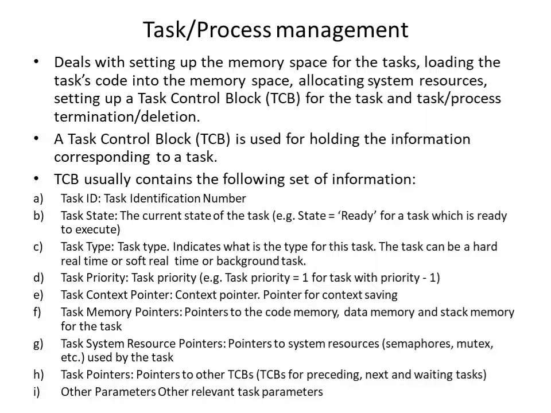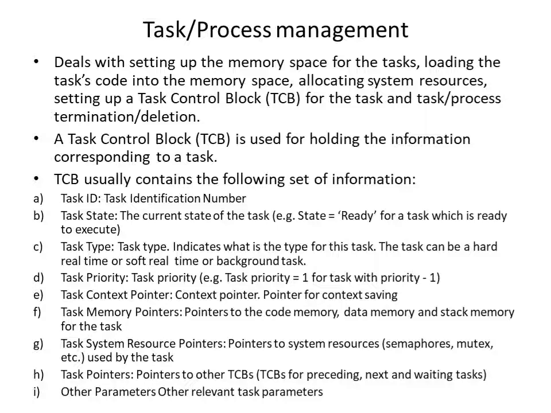Next are the task memory pointers. We have three memories here: the code memory, data memory, and the stack memory. So we'll have pointers to the code memory, the data memory, and the stack memory of the task. Then the task system resource pointers.